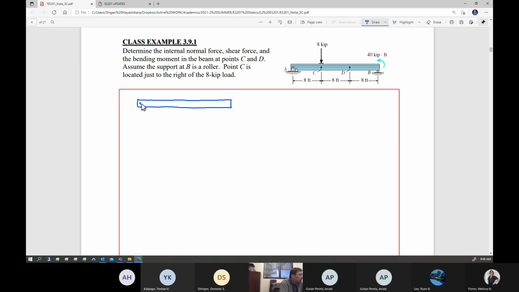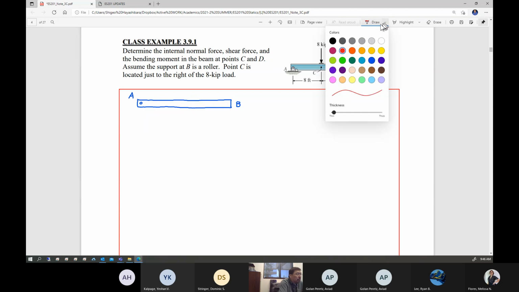I'm going to disassemble the pin at A, and then this is the roller at B. By disassembling it, I'm going to introduce unknown forces.